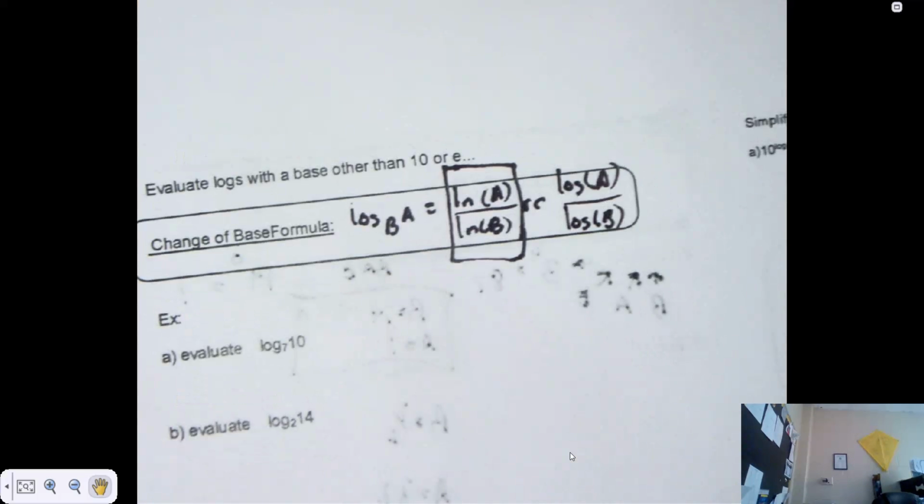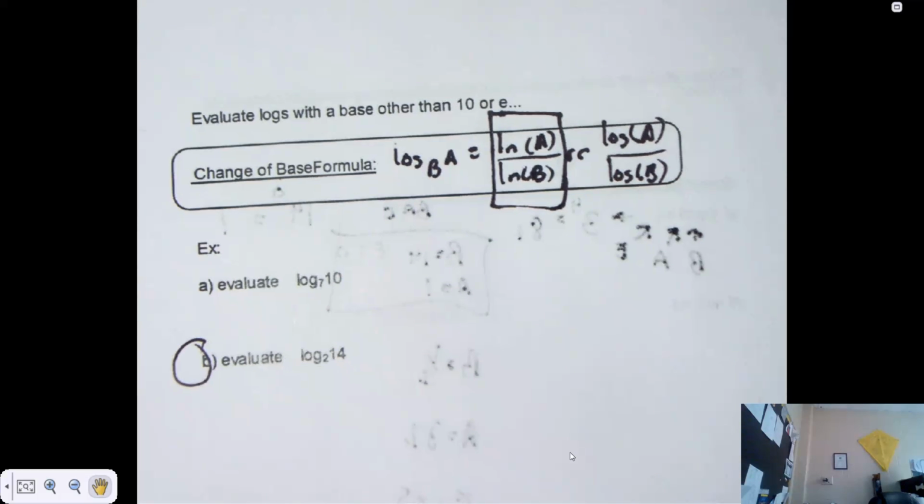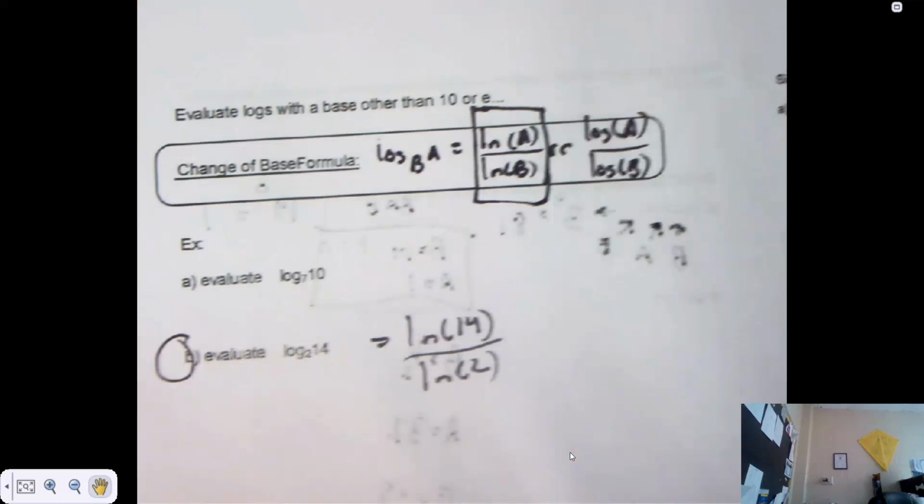Let's only do example B. Evaluate log base 2 of 14. We'll use ln. ln of what over ln of what? ln of 14 over ln of 2. That is not the natural log of 7. There's a natural log of something divided by the natural log of something.